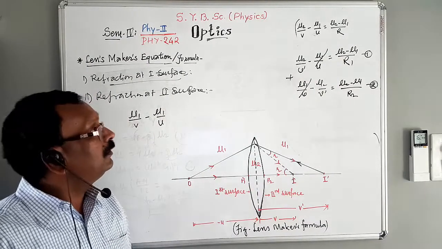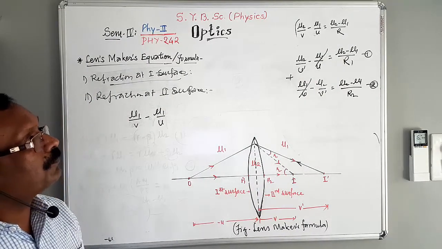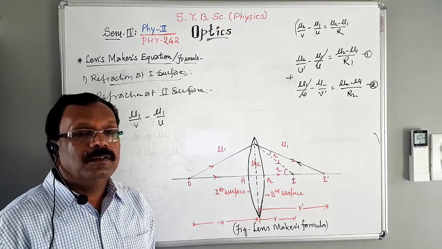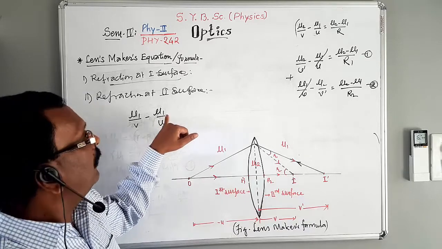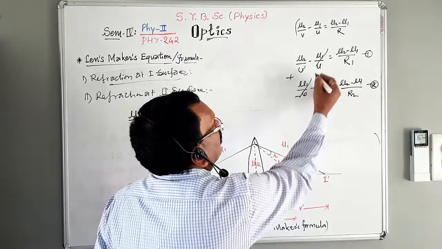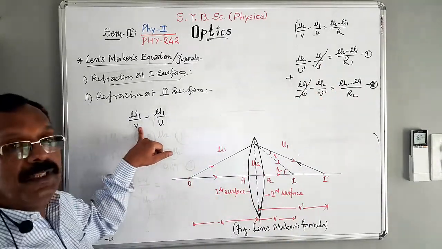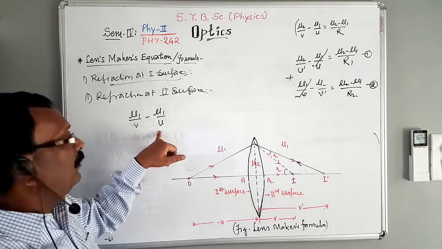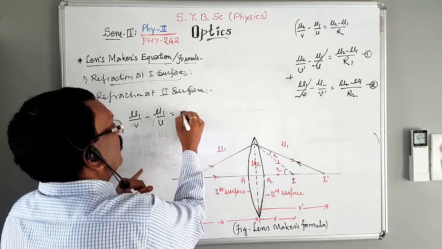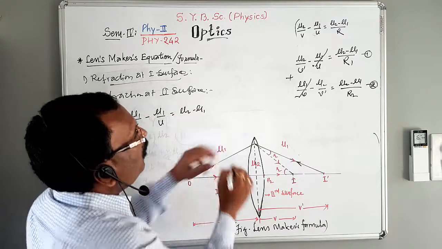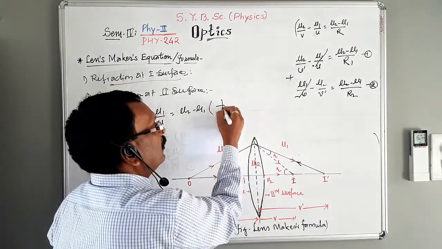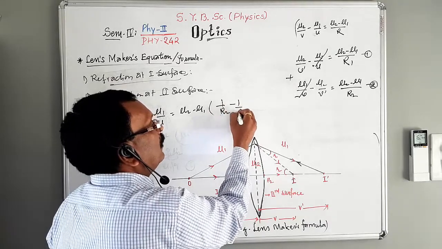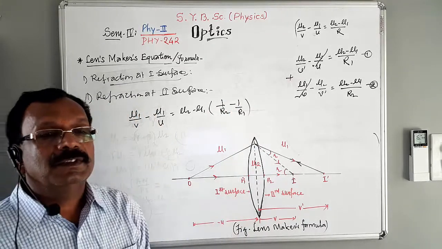This is equal to mu2 minus mu1, which is common, times the bracket 1 upon R2 minus 1 upon R1.